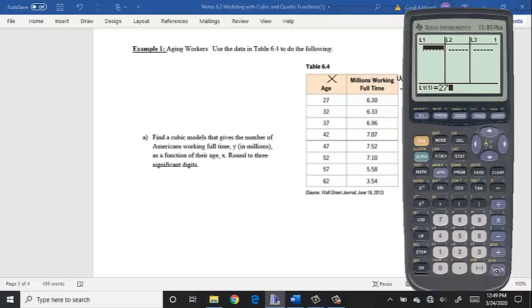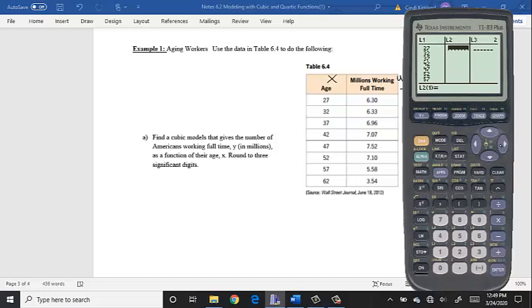So let's take a moment to do that. 27, 32, 37, 42, 47, 52, 57, and 62. Give me just a moment. I want to check my data. 27, 32, 37, 42, 47, 52, 57, and 62. I'm being extra cautious with the data.